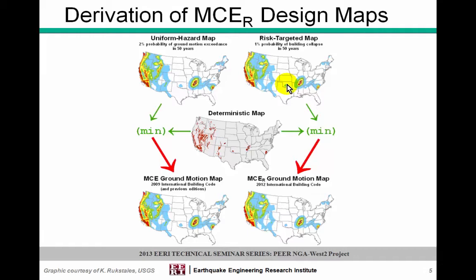This risk-targeted map is a map of ground motions that are expected to give you buildings that have a uniform 1% probability of collapse of the building in 50 years. So they're associated with a risk, a probability of collapse of the building, instead of the uniform hazard map, which is associated with the probability that the ground motion is exceeded.